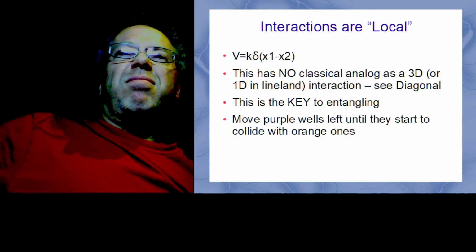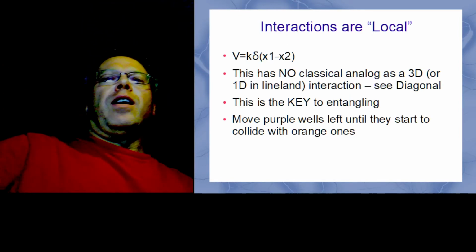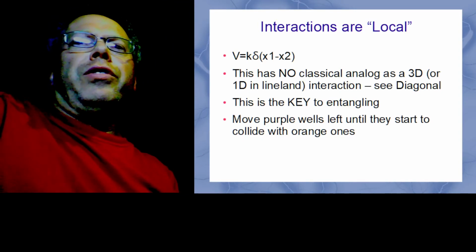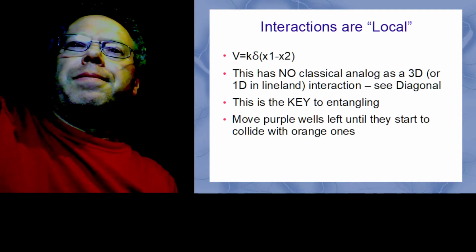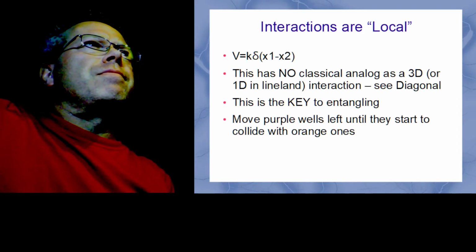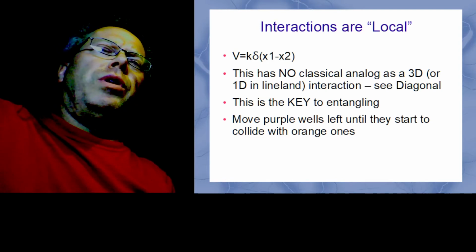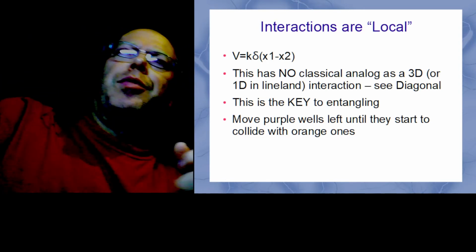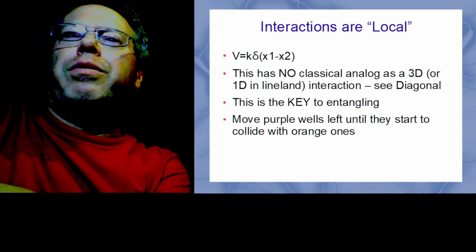Now, we talk about interactions being local. So what does this mean for a two-body system? It means that we're talking about the interaction basically only happening when things are almost right on top of each other. So modeled by a delta function.